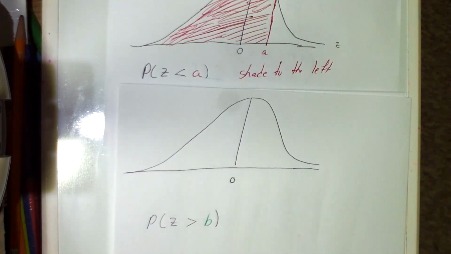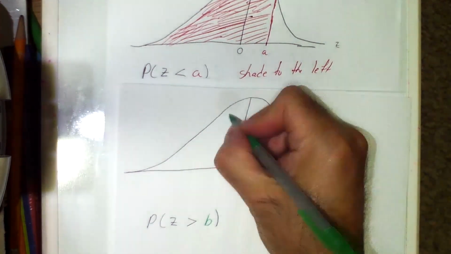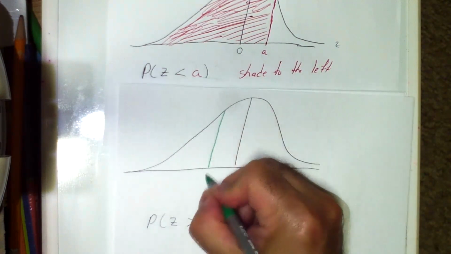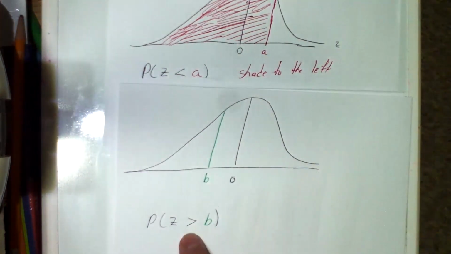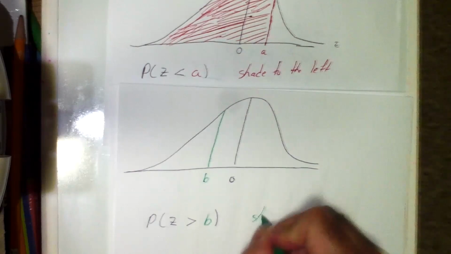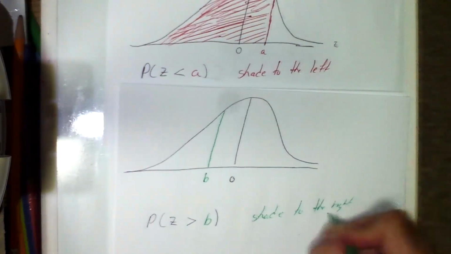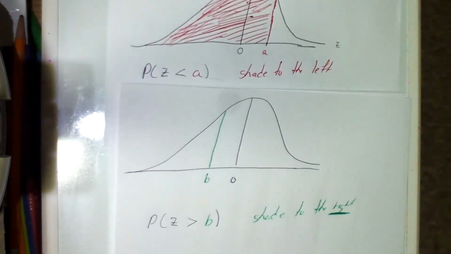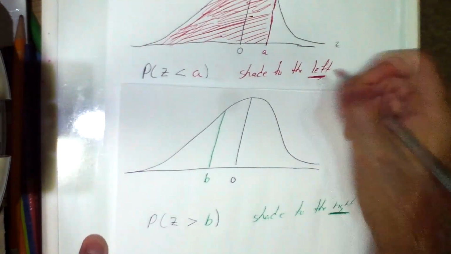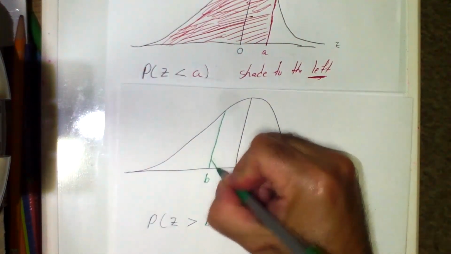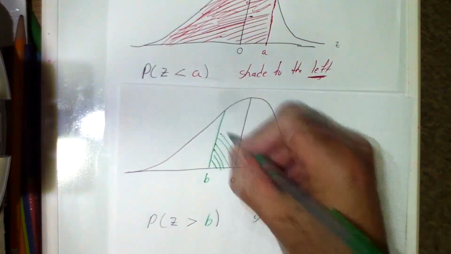Let's say, for our sake here, that B is negative. You plot B there, and it's greater than. As you recall from the uniform, for greater than you shade to the right. I'm going to underline the word right, and on the other one I'm going to underline the word left. Those are keywords.